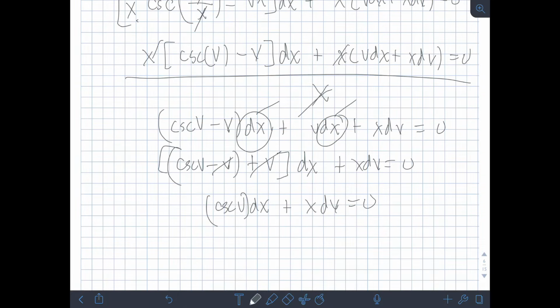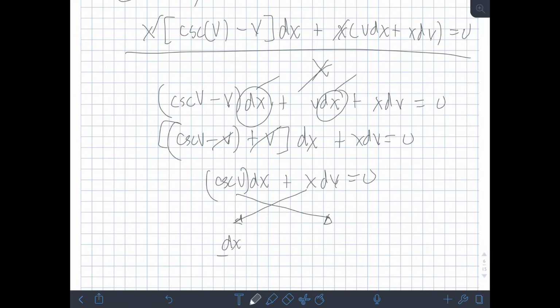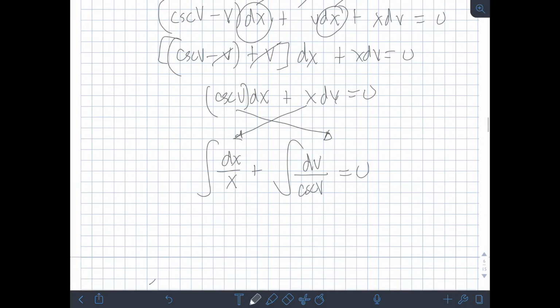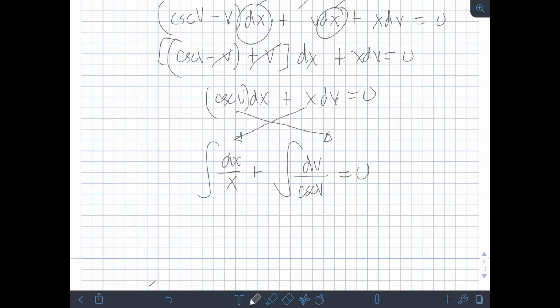Obviously, separable na siya. So, cross-multiply ko itong x, tapos cross-multiply ko itong cosecant v para maging dx over x plus dv over cosecant v equal 0. Okay, so, integrate na natin both sides. Ano yung integral ng dx over x? ln x, right? Plus, ano yung integral ng dv over cosecant v?